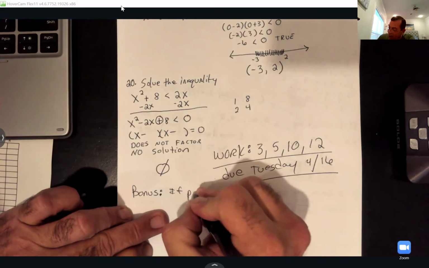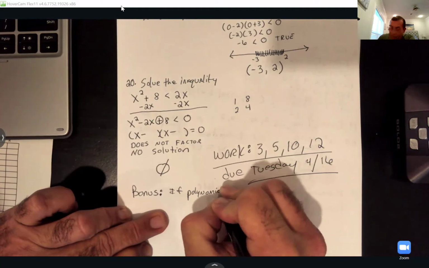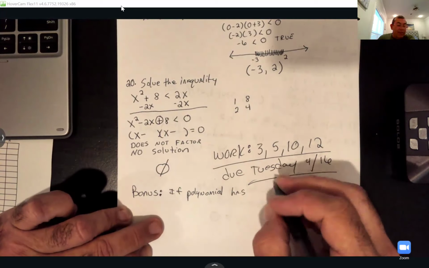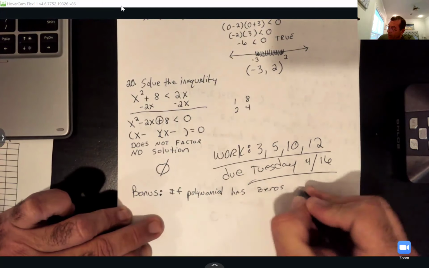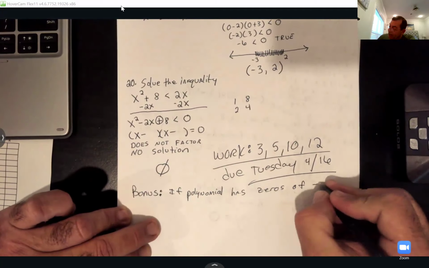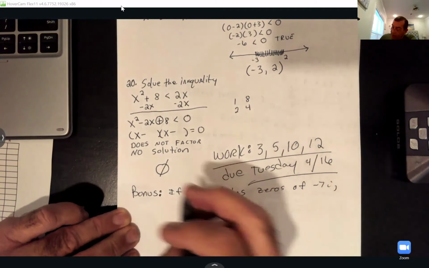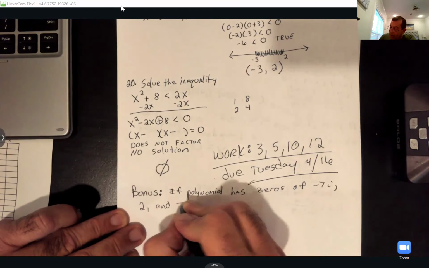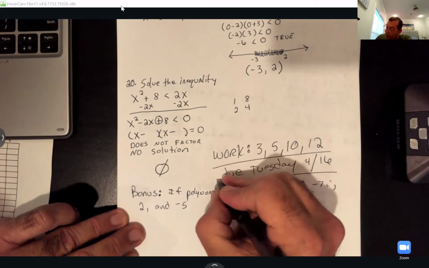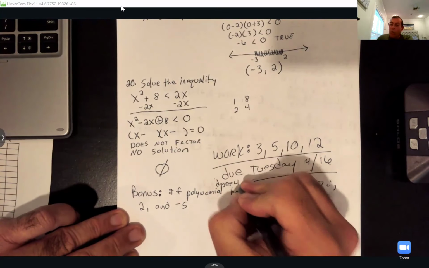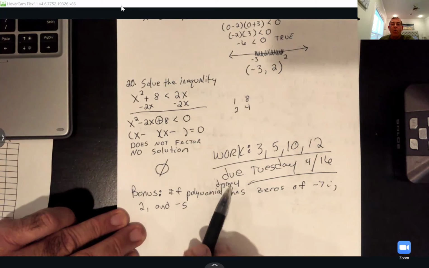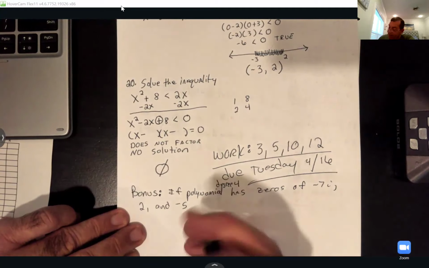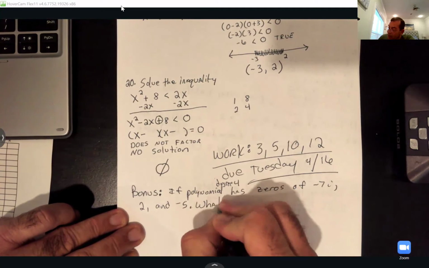Watch this. If a polynomial of degree 4 has zeros of -7i, 2, and -5, what is the other zero?